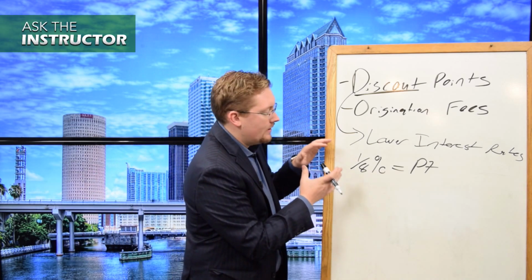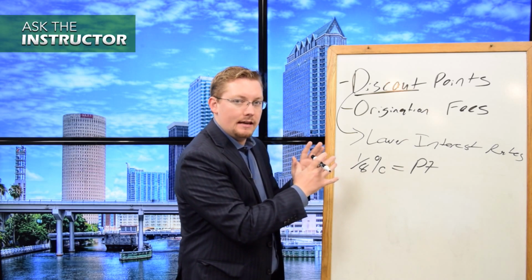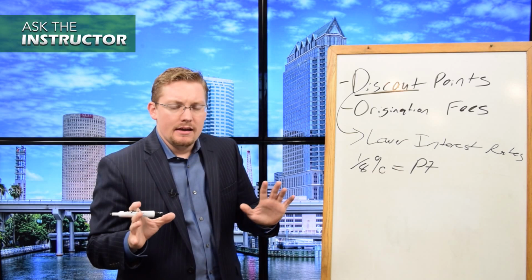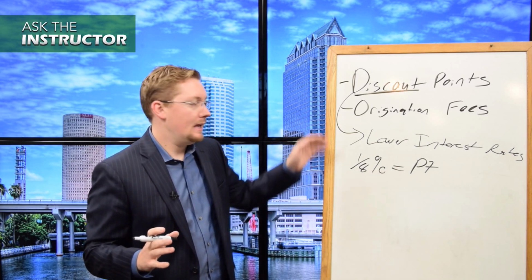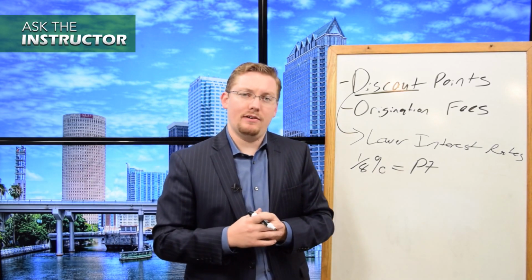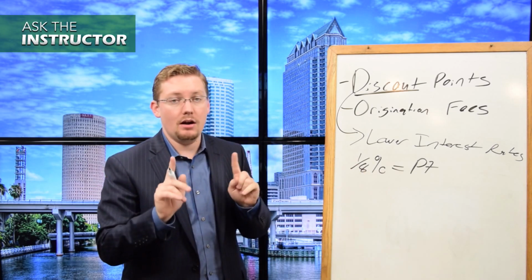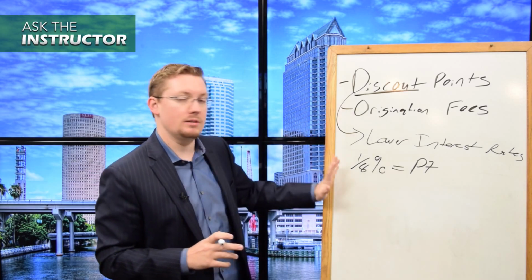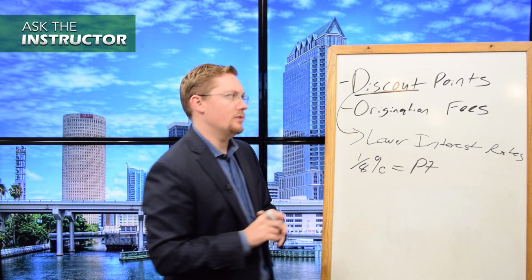If we have all this money that we're paying on the back end but nothing on the front end, there's nothing really that would say, hey, look, we need to make sense out of all this. But if we're paying some of this interest up front, if this was an even trade-off, which it's not always an even trade-off, that's why you want to know how to work with these numbers, because it's not always an even trade-off for discount points to a lower interest rate. We'll work through some scenarios with that.